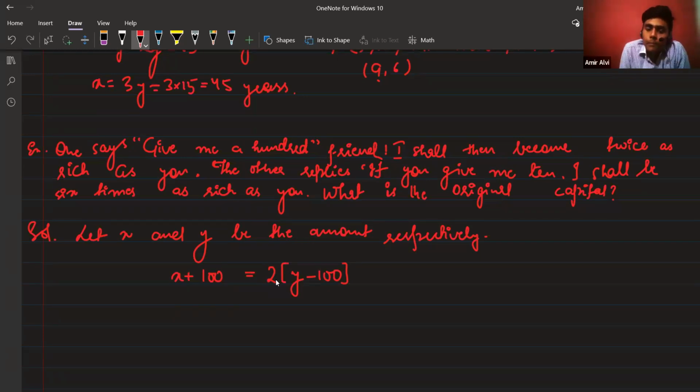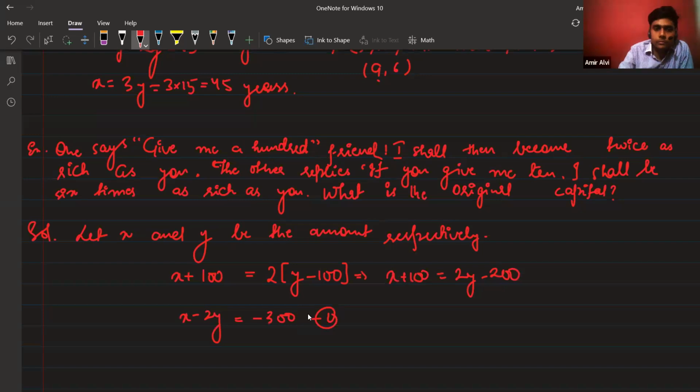Yes or no? Yes, sir. So let's solve this equation: x plus 100 equals 2 into y minus 100, that is 2y minus 200. So x minus 2y will be equal to minus 300, which is equation 1.